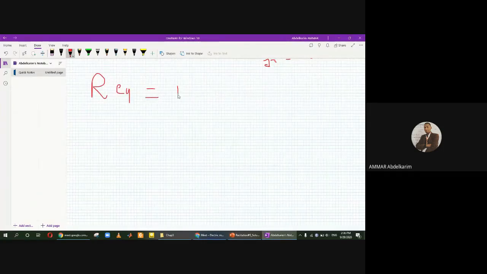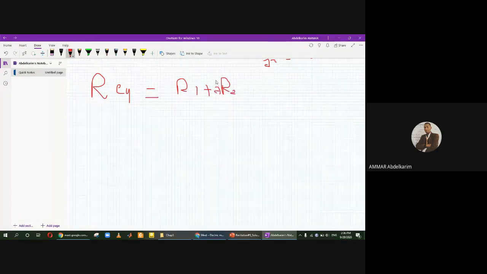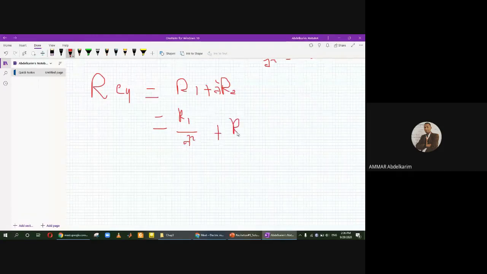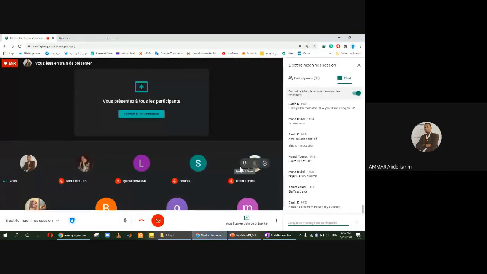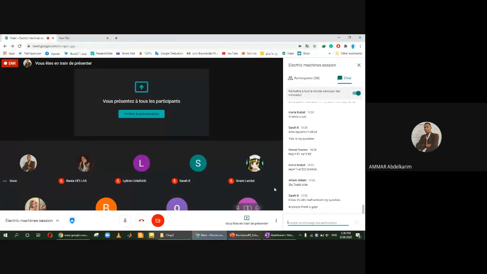It equals R1 plus R2 A square, or equals R1 over A square plus R2. So this one is the primary, and this one the secondary.